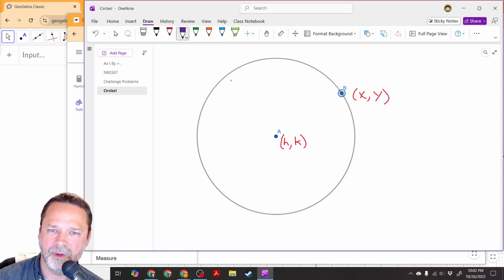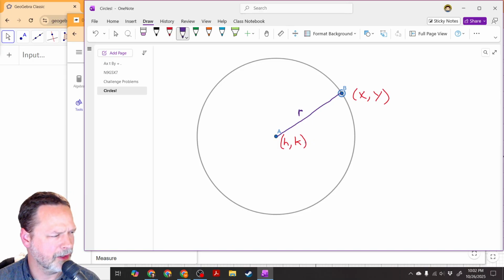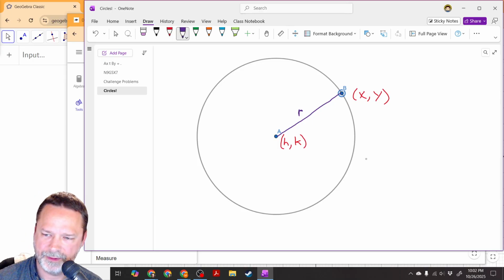Now, what do we know? Well, we know this distance here. This distance, no matter what, I could have picked any point. It'll have an X and a Y. And that distance from those 2 points will be R. R being our radius. And, well, I have an equation for the distance between 2 points.